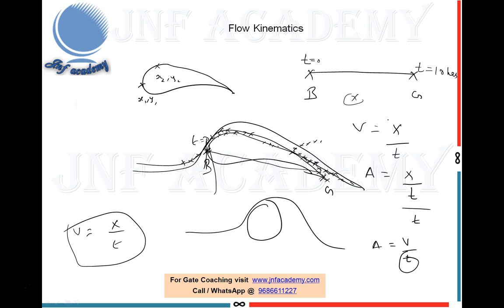The fluid particle speed depends on every spatial location. What do I mean by spatial location? At every different location, when the fluid particle passes through the object, it will be subjected to either acceleration or deceleration. That's what I wanted to make clear here.